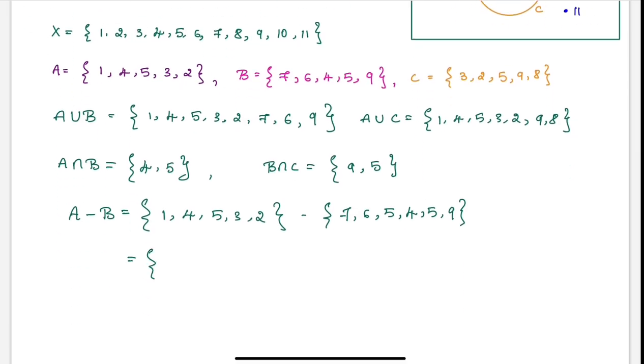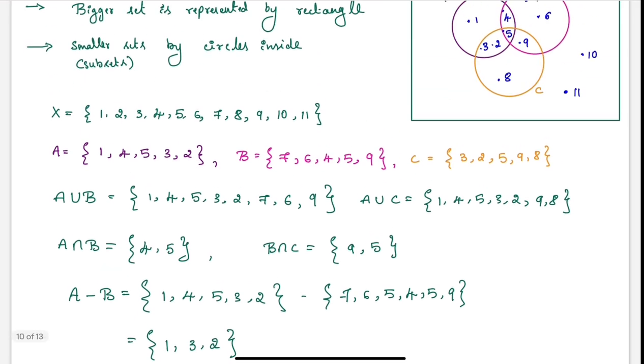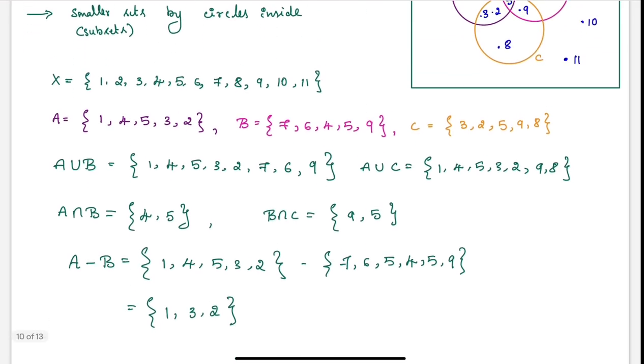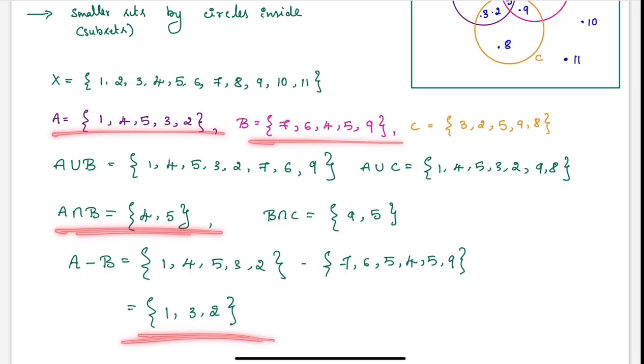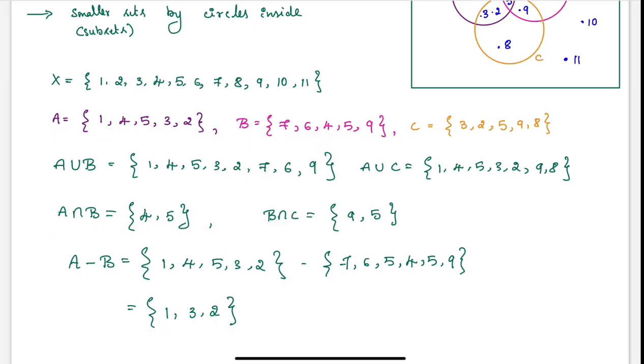So I can write 1, it is not in B. I can't write 4, 5 because they are in B. I can write 3, 2. Do you observe something here? A minus B, A intersection B. Basically, what I did here is, A minus B is nothing but removing the common elements of A and B from A, right?